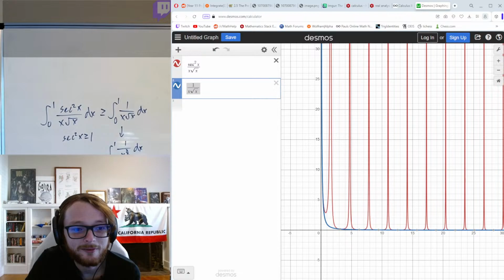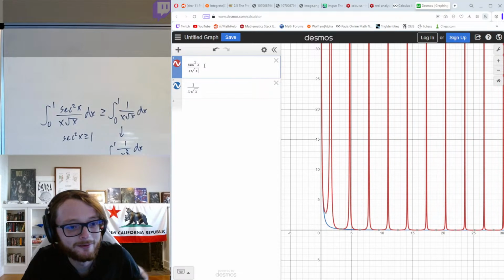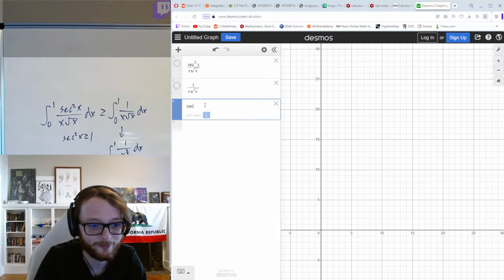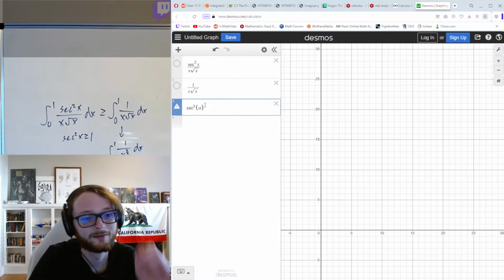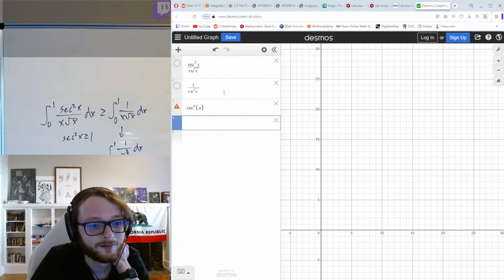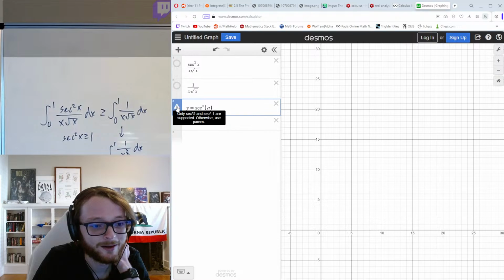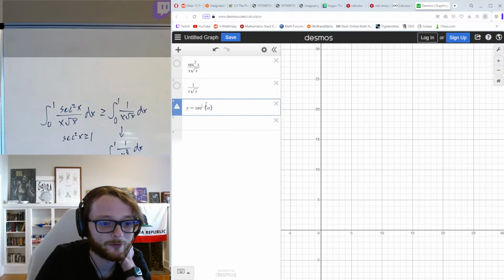Oh, you know what? I did have a thought. I'm just kind of curious, what does the graph of secant to the x look like? Oh, it doesn't work? Why are you complaining? Oh, only secant squared and inverse secant. Okay. Oh, wait. Well, I can put the x on the outside, right?